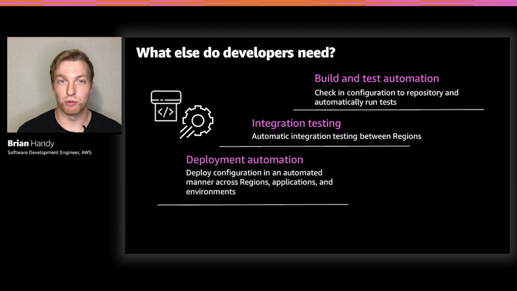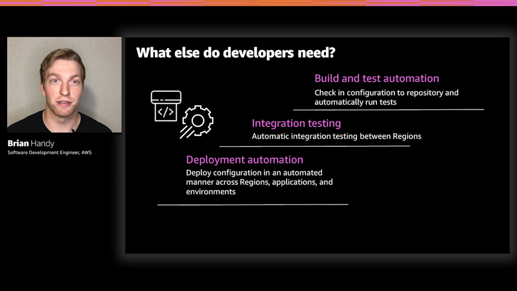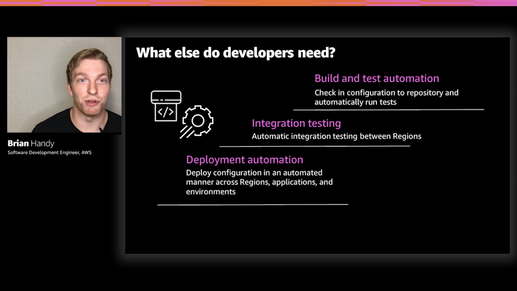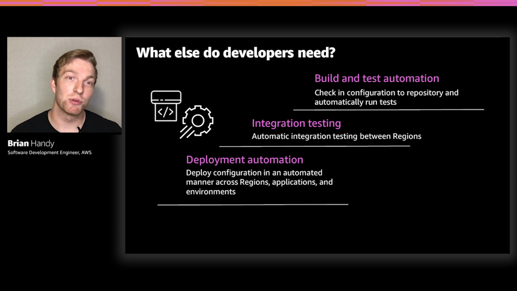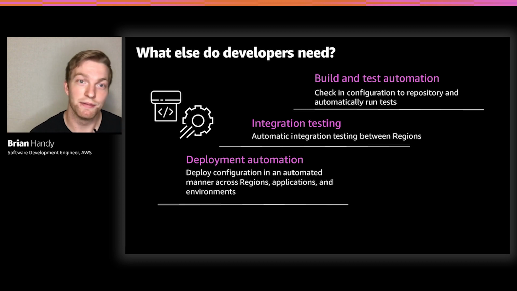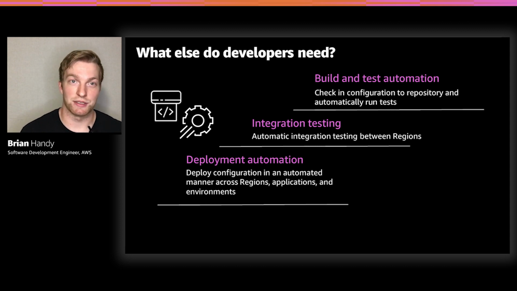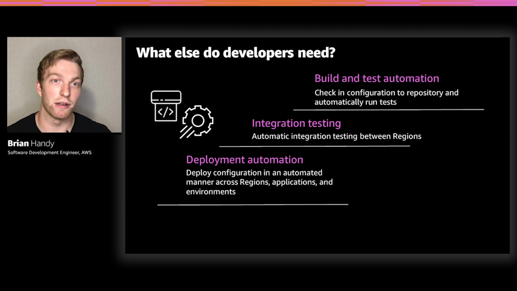So what else do developers need for managing and deploying configuration in a modern application? Well, they need build and test automation. Developers want to be able to manage their configurations within a source repository, check that configuration in, and have it automatically built and tested. Then they want that configuration to automatically be deployed across however many regions their application is in without any effort on their part.